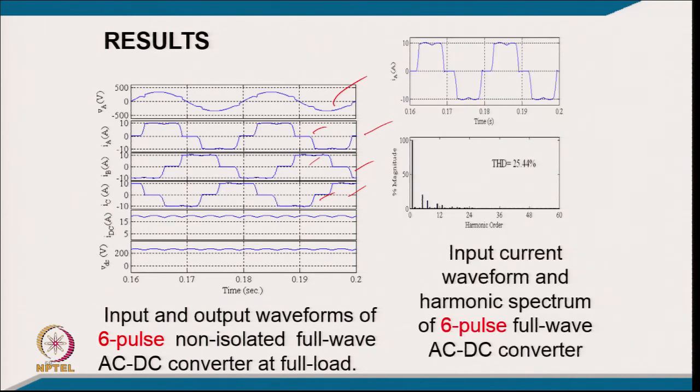With this effect, the THD, in place of 30%, comes to 25.44%, and that is the reason the harmonics are slightly reduced from 31 to 25% because of the effect of leakage reactance, which does not allow a sharp change of the current and certainly reduces some of the harmonics. It is forcing your wave to go towards a sinusoid.